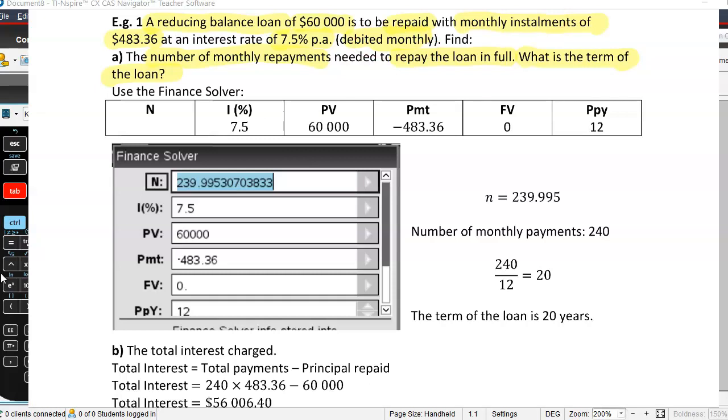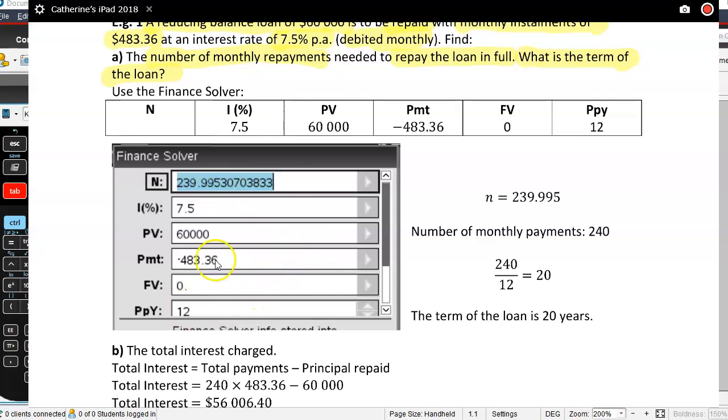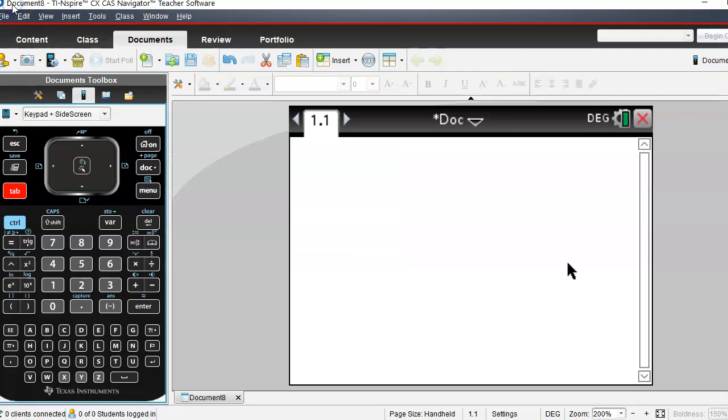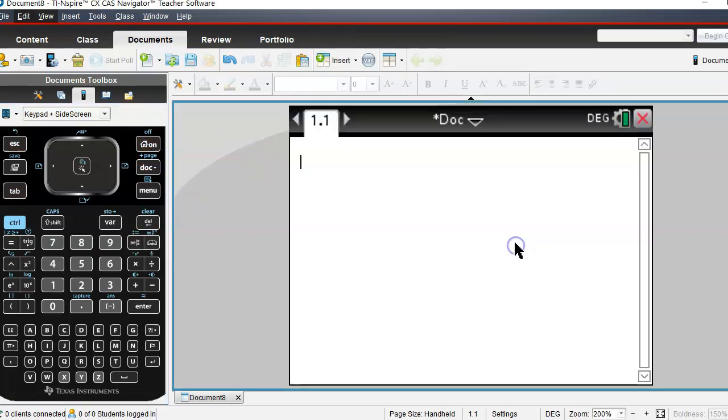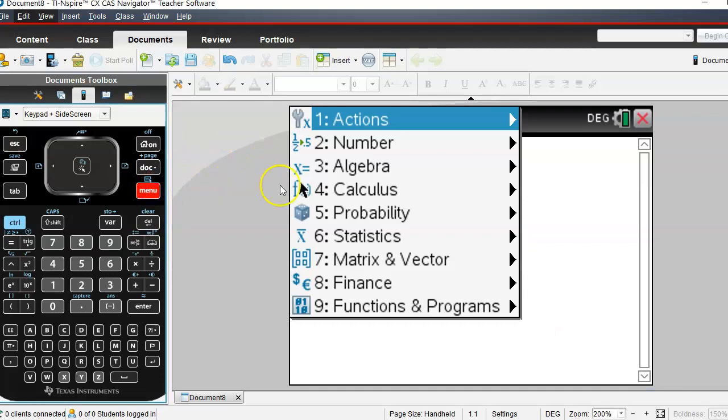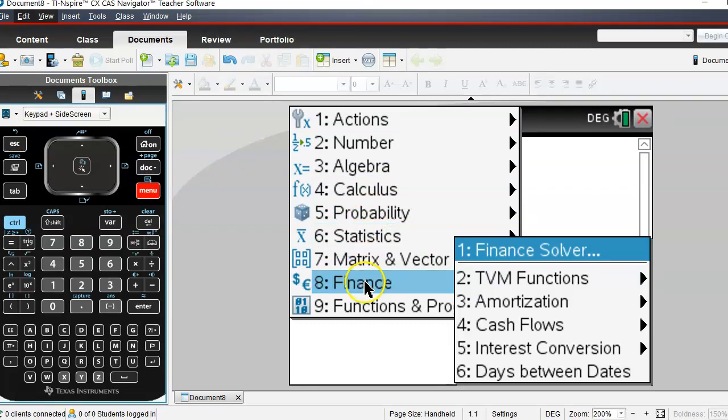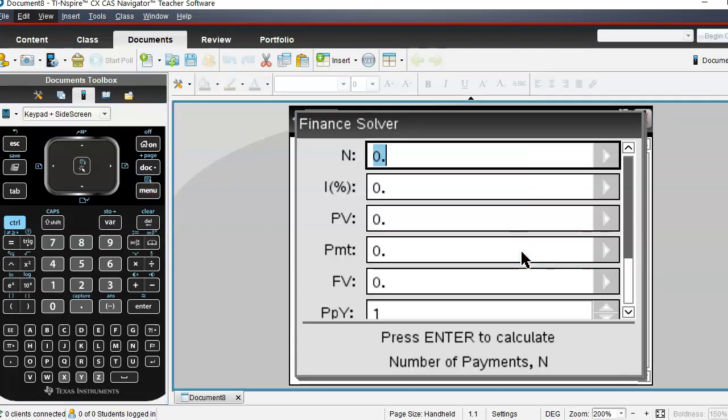I've got a screenshot of my finance solver there, but let's put it into our CAS calculator. Back to current screen, menu, finance solver. Now we don't know what the length of time is, so I like to leave that blank.